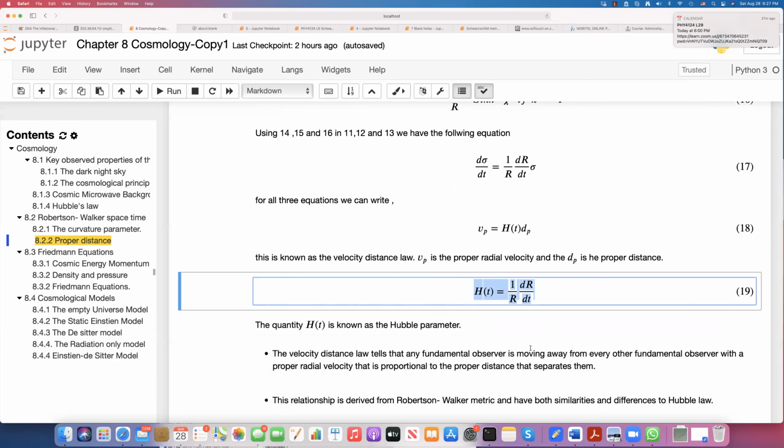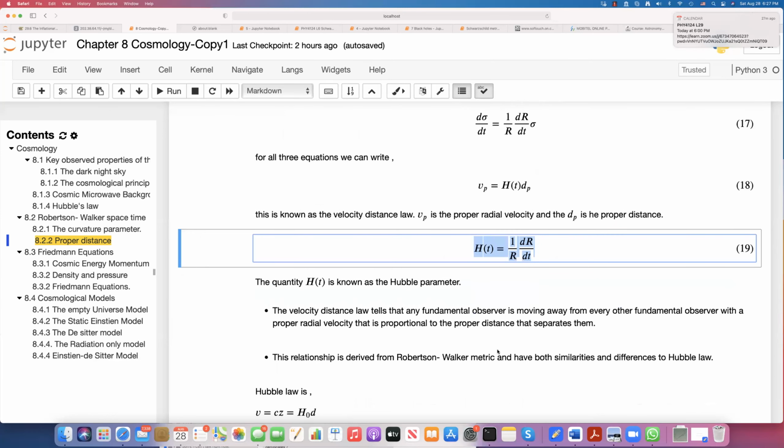Now, what this velocity distance law means is that if you consider a fundamental observer, it is moving away from every other fundamental observer with a proper radial velocity that is proportional to the distance that separates them. Right? So I guess you can read through and understand it.